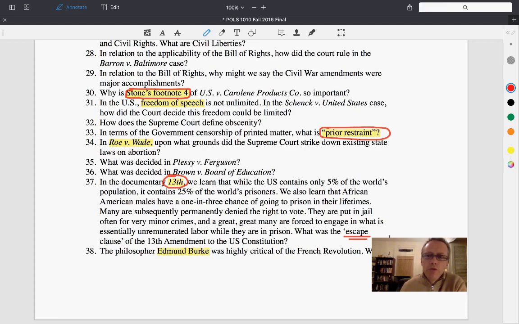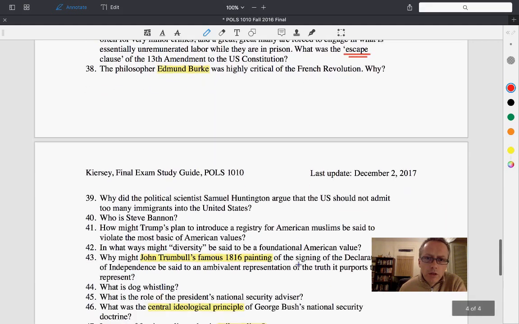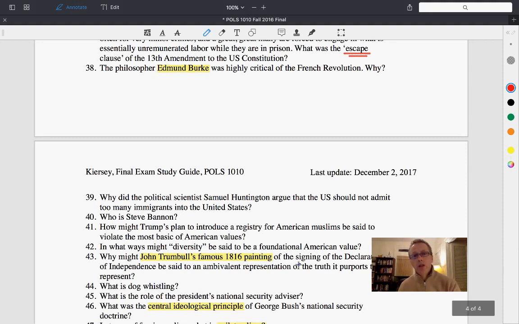Now, we're moving close to the end of our study guide here. We had a special lecture in class on the ascendancy of the alt-right and people like Steve Bannon.